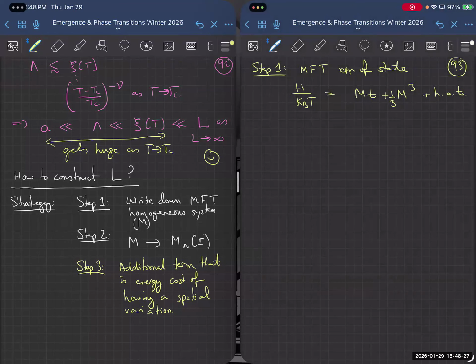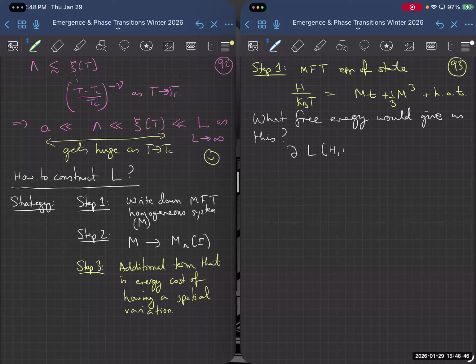So then you can ask, okay, what free energy does this correspond to? So the answer is, well, I take my free energy as a function of H and M, I differentiate it with respect to M and set it equal to 0, and that will give me the equation of state in equilibrium.